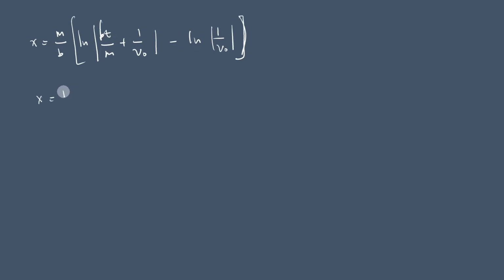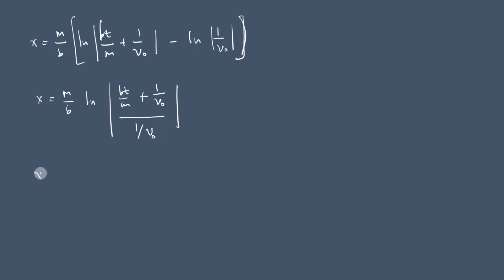Writing x again, x equals m/b, we substitute t from 0 to t, and we get ln(bt/m plus 1/v0) minus ln(1/v0). So m/b ln of (bt/m plus 1/v0) divided by 1/v0.